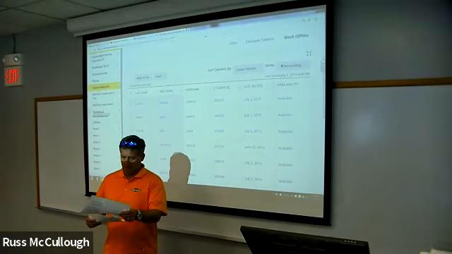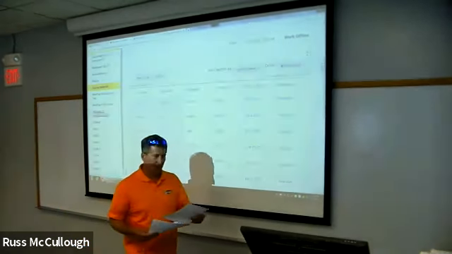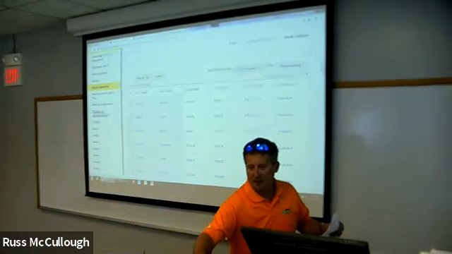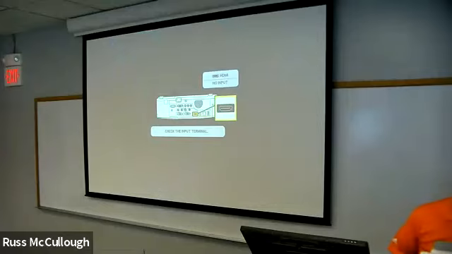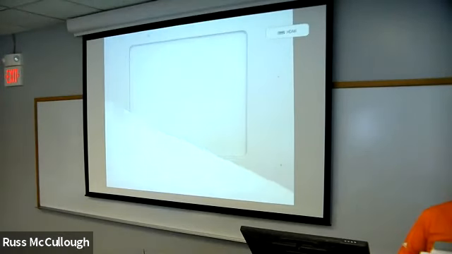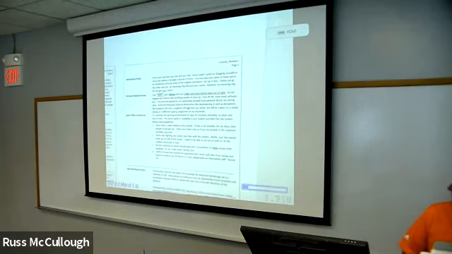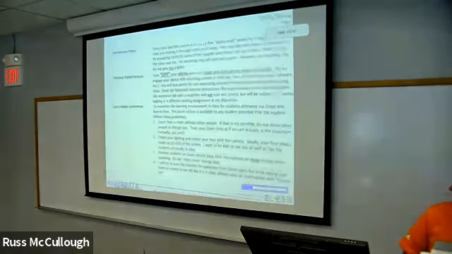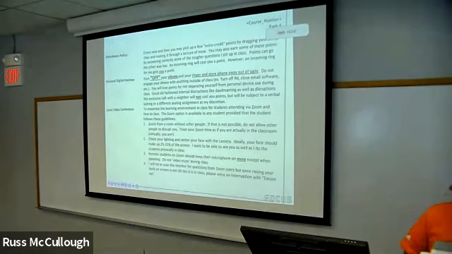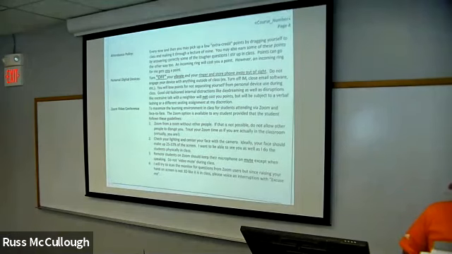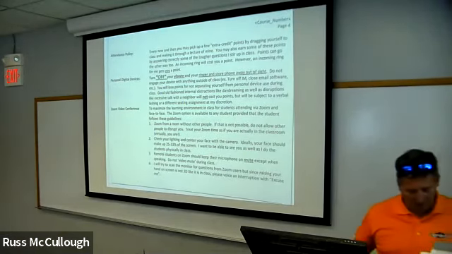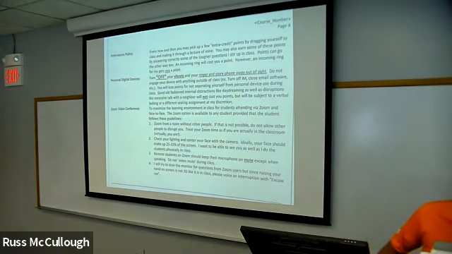Course objectives, this is mostly boilerplate stuff. I do have a phone policy, and this applies to Zoom as well. Turn off your vibrate and your ringer and store your phone away out of sight.